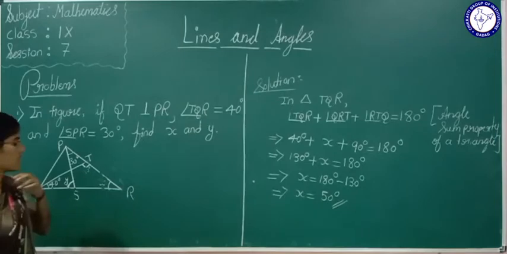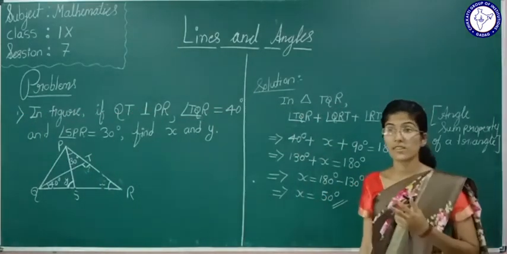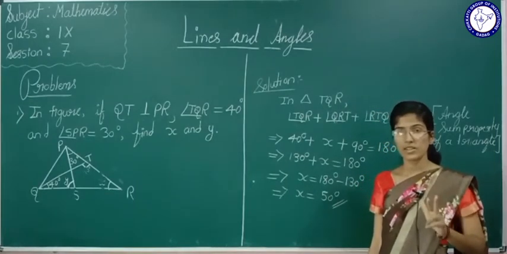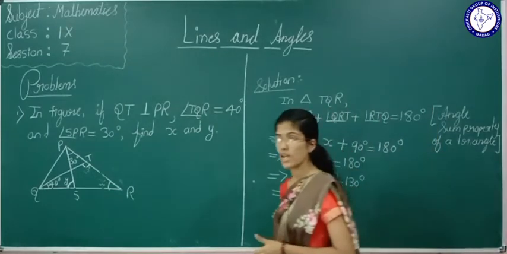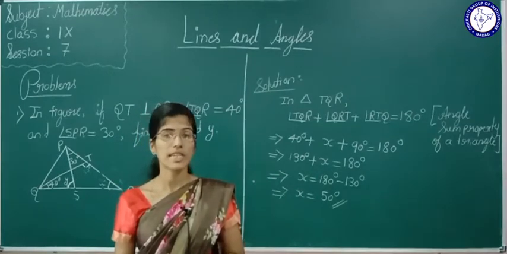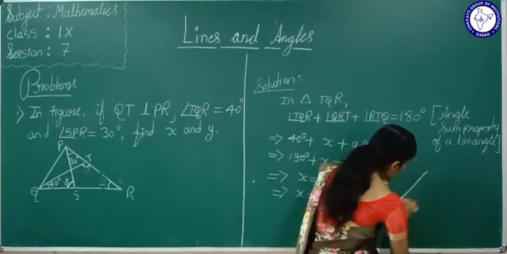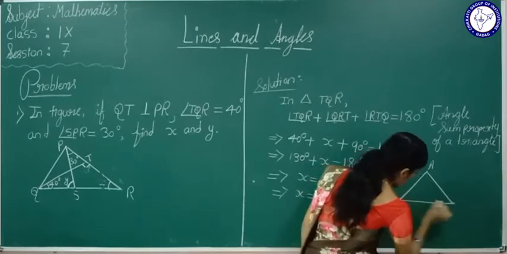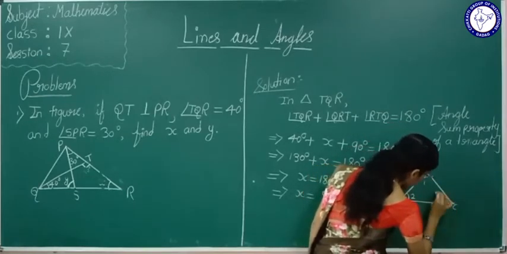Now see here, in the last class, after the sum of the angles of a triangle being 180 degrees, we proved one more theorem. What is that? The exterior angle of a triangle is equal to the sum of the two interior opposite angles. Suppose this is a triangle ABC, with angle 1, angle 2, angle 3.